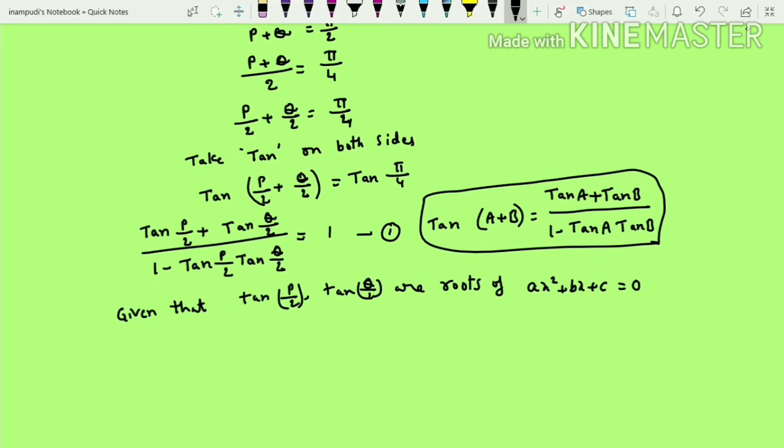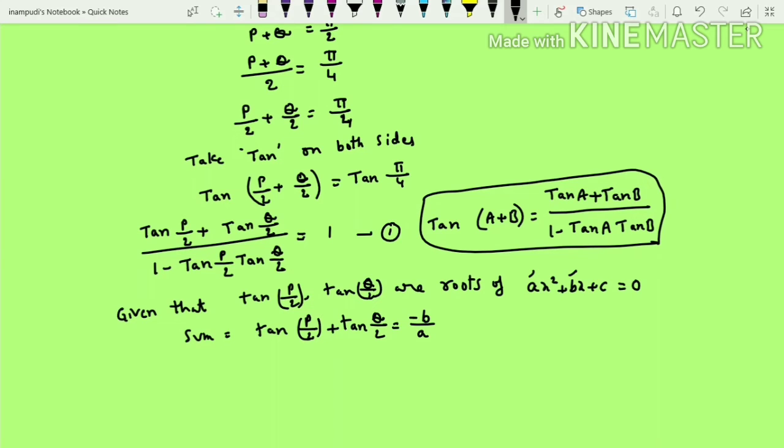Here the sum of the roots is tan P by 2 plus tan Q by 2, equal to minus x coefficient by x square coefficient, minus b by a.